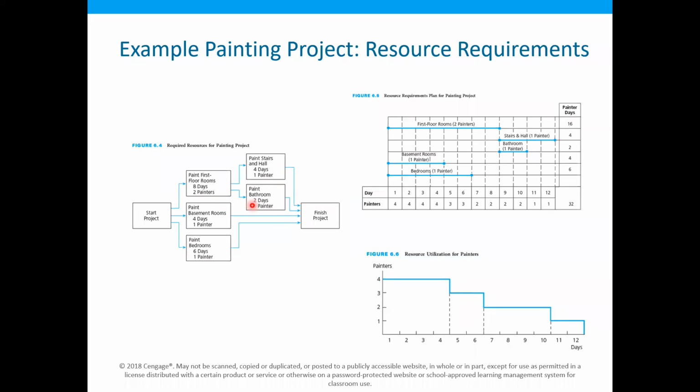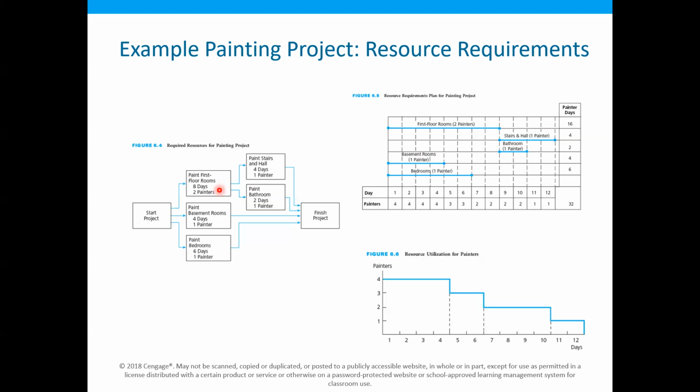The technical constraint is that we can only perform the painting in the stairs and hall after the painting in the first floor rooms. Similarly, the painting in the bathroom can only be performed after the painting in the first floor rooms as well.